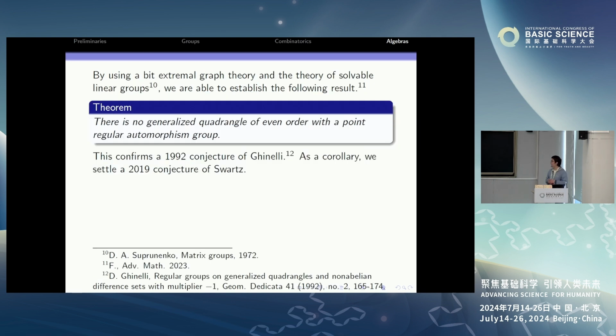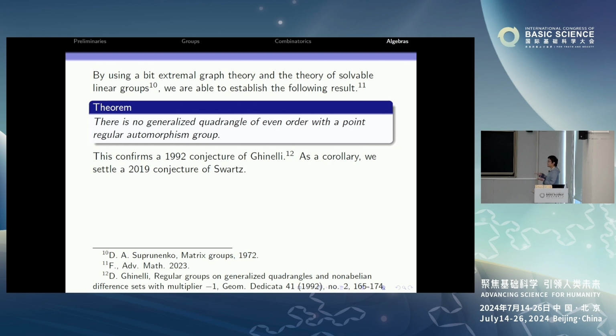In the same paper, by using a bit of extremal graph theory and the theory of solvable linear groups, we are able to establish the following result. There is no generalized quadrangle of even order with a point-regular automorphism group. So the group is small because it's regular on the points.